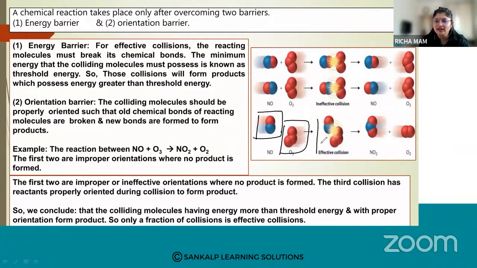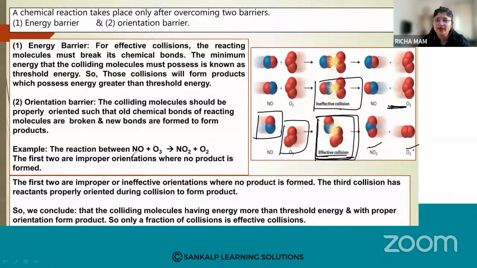If they are in the proper orientation, then only they will form an effective collision. If they are in proper orientation and with the proper energy supplied, then only they can form the products. If there is no proper orientation or no proper energy supplied, then the reaction will not proceed and it will not form the product.